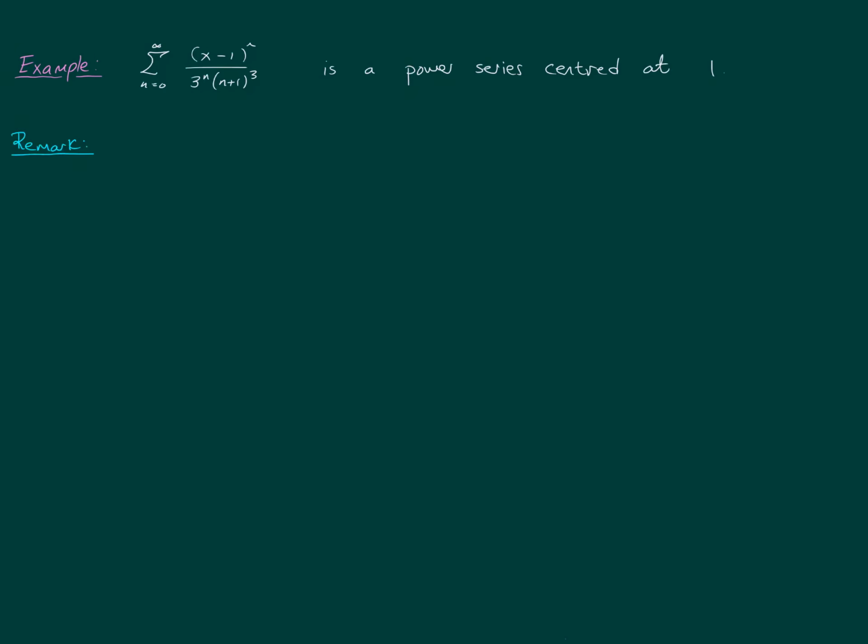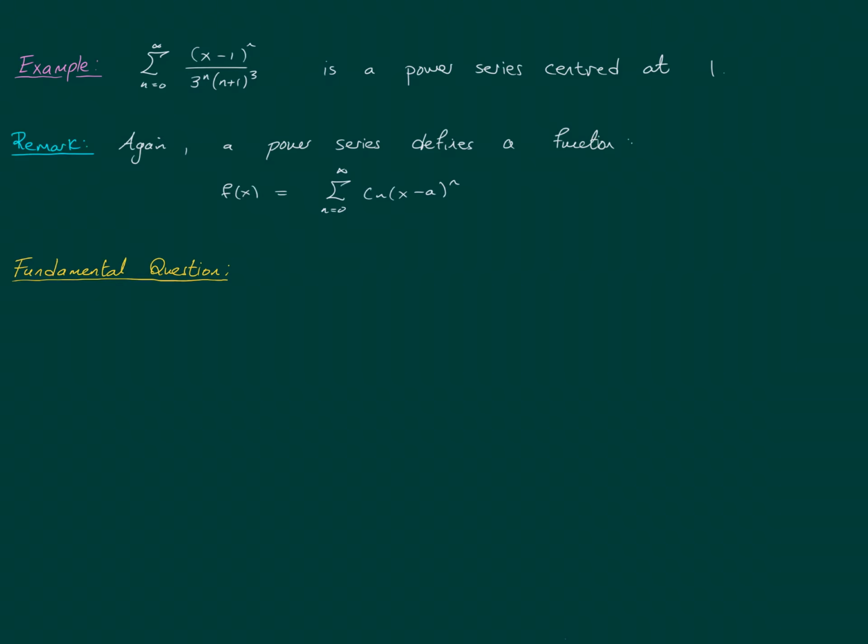Okay, so remark, again, a power series defines a function f of x equals the sum from n equals 0 to infinity of Cn (x minus A) to the n. So you give me an x and I can plug it in, replace it in that series formula. Fundamental question again: what x can I plug in here? What x makes sense to plug into this series?